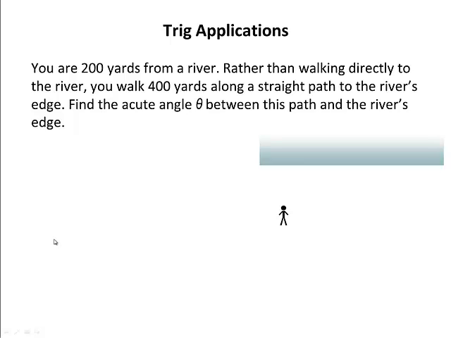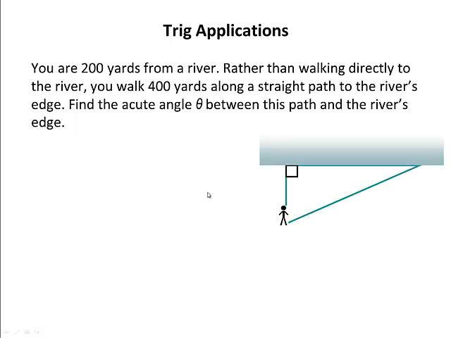Find the acute angle theta between this path and the river's edge. So here you are, and here's the river, and you are 200 yards away. Instead of walking directly, you walk at an angle towards the river, and that path is 400 yards long.